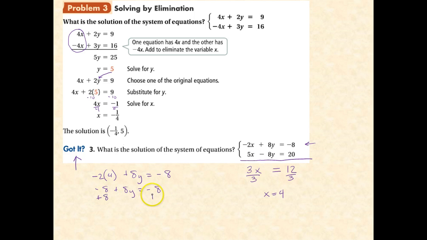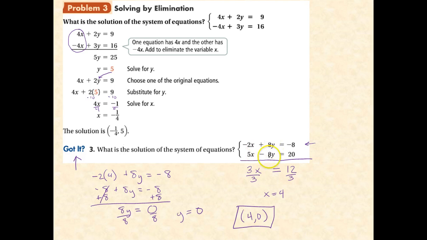Add 8 to both sides, and we get 8y equals 0. Divide both sides by 8, and y equals 0. So the solution to these systems is 4, 0.